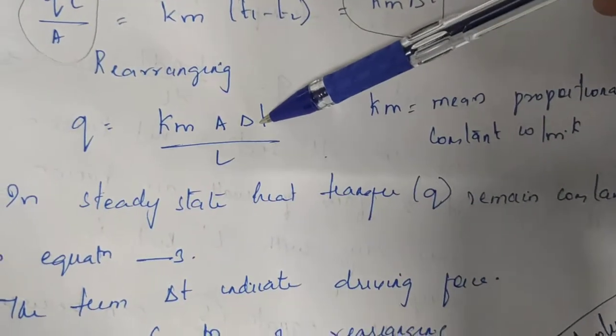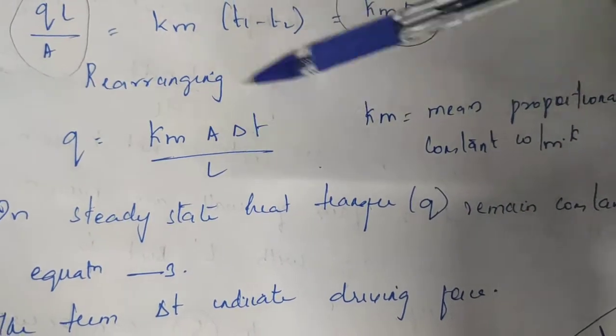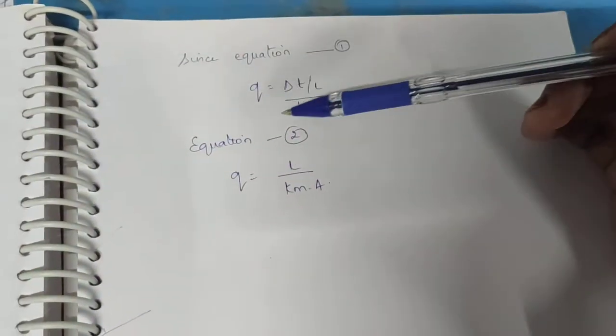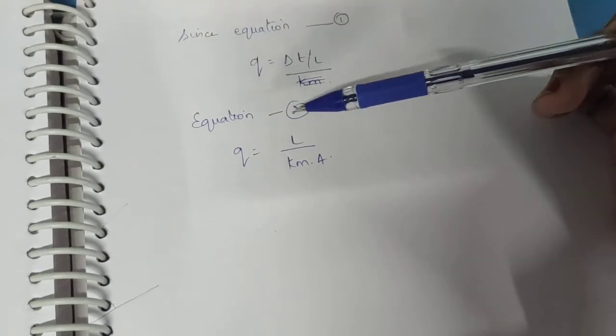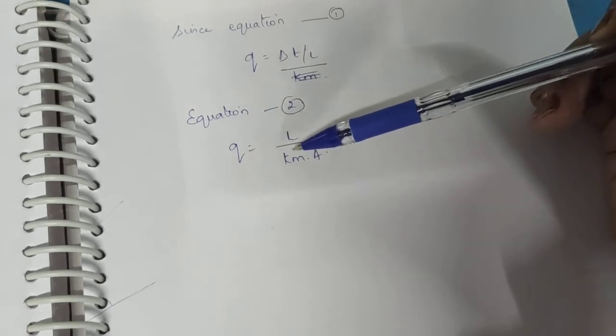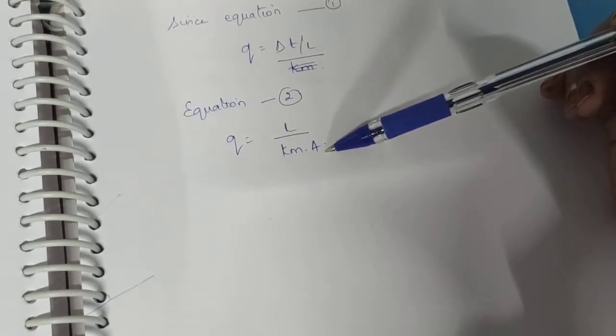First, equation 3 is proved. Now when we change this equation again, we get Q is equal to delta T by R, and after rearranging we get equation 2 as R is equal to L by km into A. Hence we have proved all three equations, equations 1, 2 and 3. This is about Fourier's law of conduction.